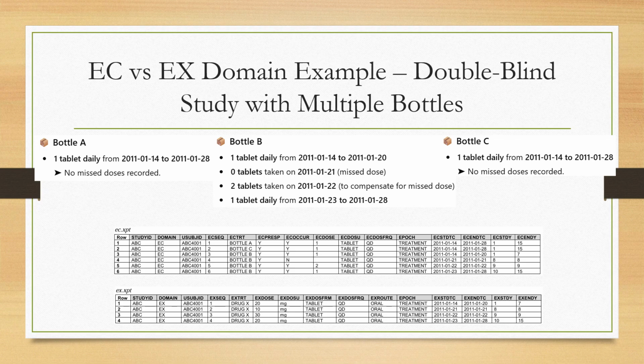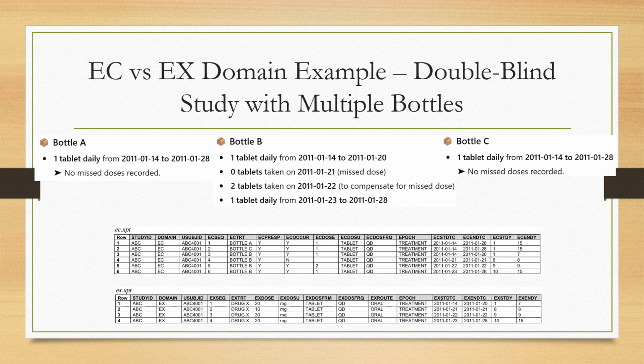On 22nd of January, since the subject took two tablets from bottle B, which is equivalent to 20 mg from bottle B, and 10 mg from bottle A, 0 mg from bottle C, we have in total 30 mg of drug X taken on 22nd of January. So we have another record in EX, which is 30 mg dose and dose unit populated for 22nd of January.